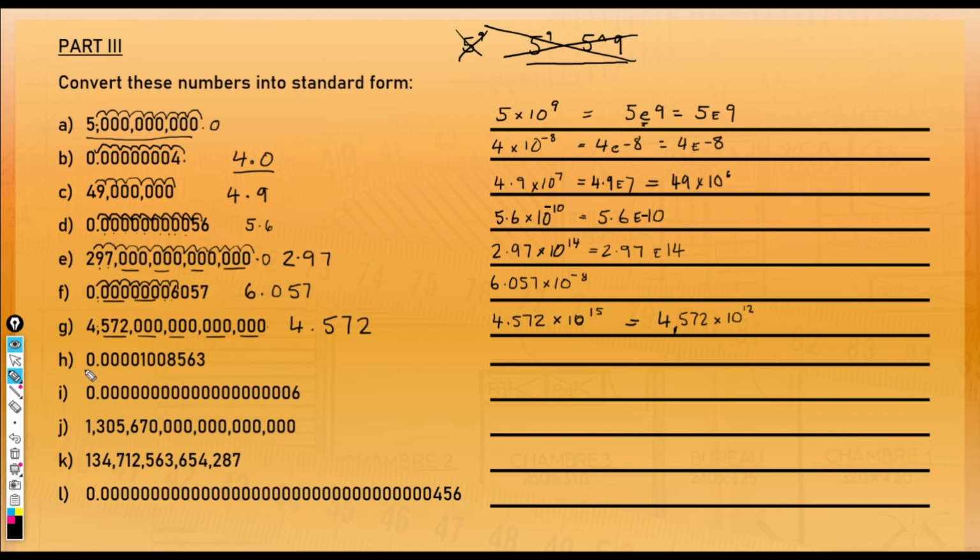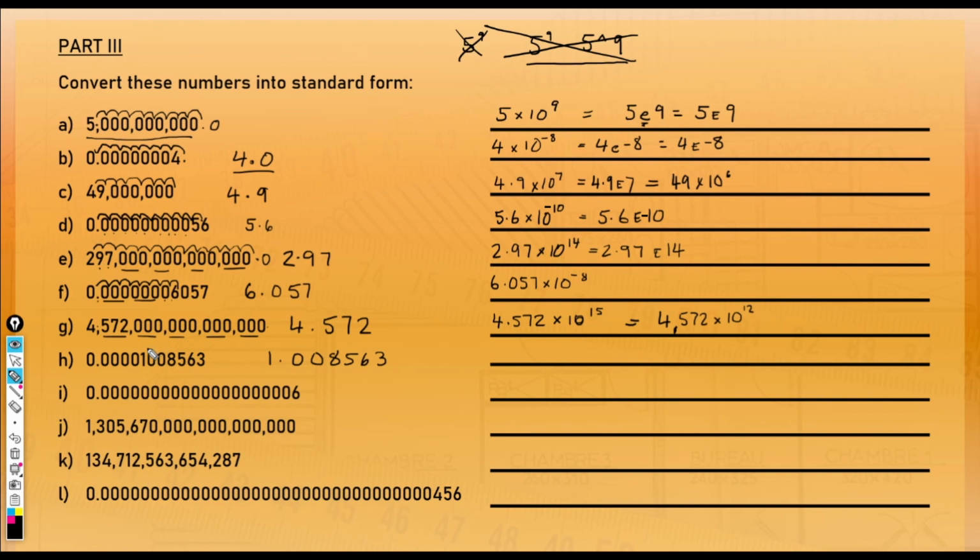Okay. So now here at H, we've got a slightly longer string of non-zero decimals, and we have 1, 2, 3, 4 zeros, then a 1, then 2 zeros, then 8, 5, 6, 3. So our standard number is going to be 1.008563. Now, it doesn't matter that these numbers are 8, 5, 6, 3, and this is only 1. This 1 is 1,000 times bigger than this 8.